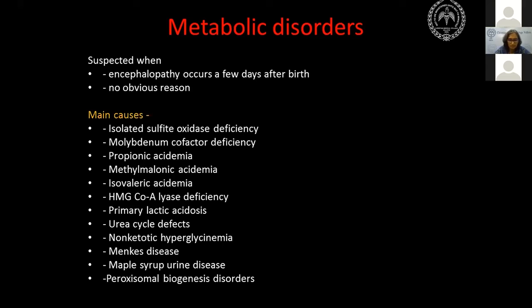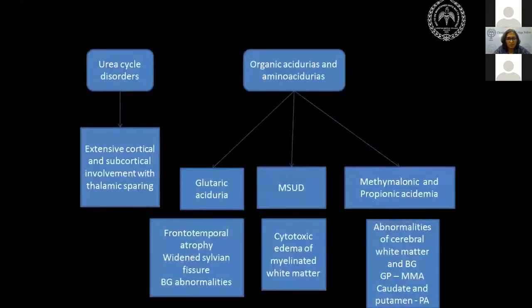If there is no definite history or clinical features to suggest a hypoxic ischemic injury, we do need to consider the possibility of an underlying metabolic disorder. Other history, like a past history of any sibling death in the neonatal period or early neonatal deaths, or parental consanguinity, may also alert us to the possibility of an underlying metabolic disorder.